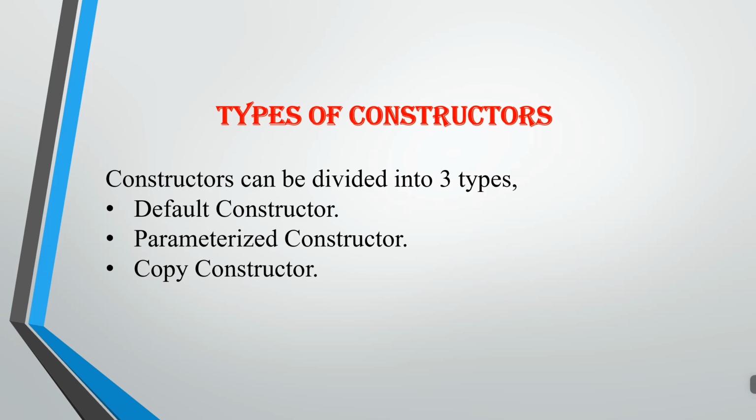Now, let us look into the different types of constructors. Now, the constructors are divided into three basic types, namely default constructor, parameterized constructor, and copy constructor. Now, what do you mean by a default constructor?